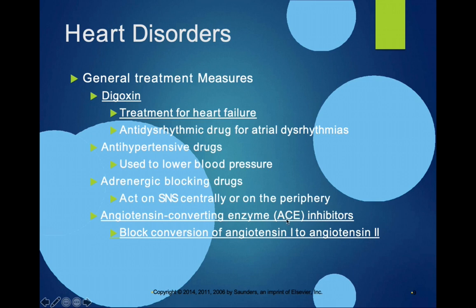This enzyme, ACE, is released from the lungs. Angiotensin 1, which is in circulation, hits the lungs, and it converts angio 1 into angiotensin 2, and angiotensin 2 is a vasoconstrictor. So if you block angiotensin 2, then you don't get hypertension.